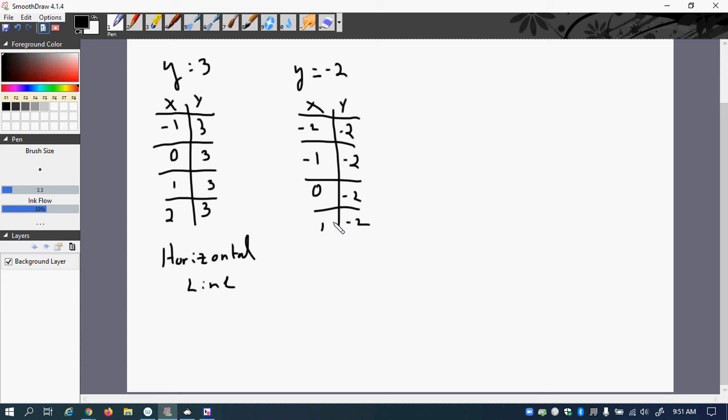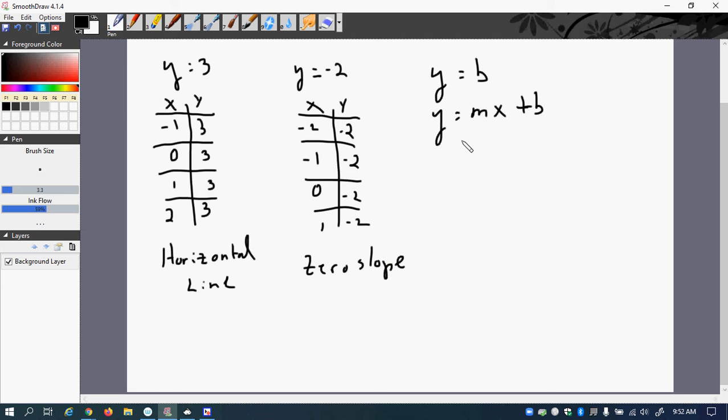And so the general form of this line is what we call y equal to b, where b is your y-intercept. Generally, we would have mx plus b. But in this case, a horizontal line has zero slope.